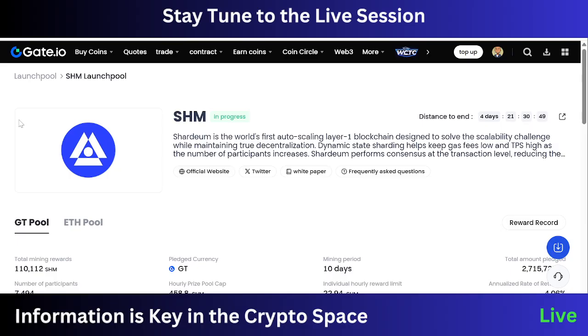So Shardeum performs consensus at the transaction level.